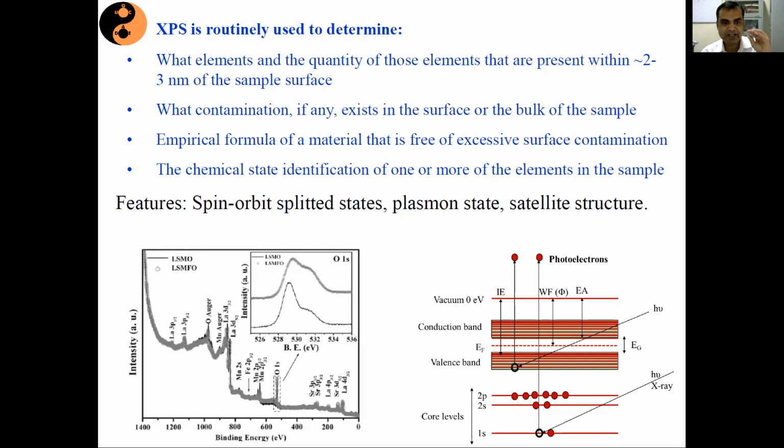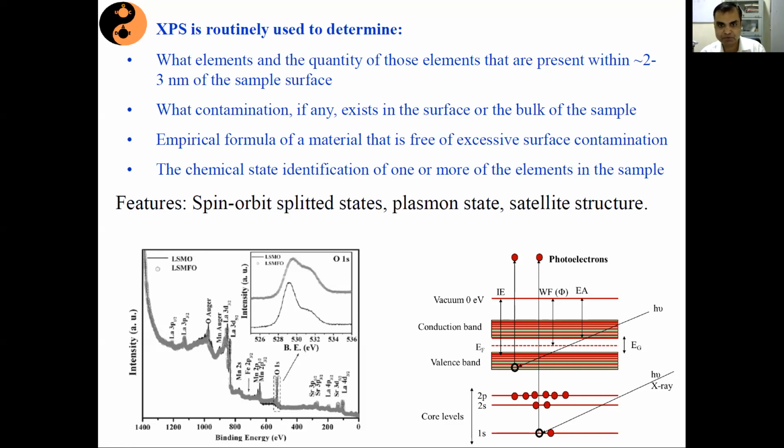Therefore, it is a highly surface sensitive technique. Since the electron is a charged particle, any distribution in the electric field gradient or the potential makes it start interacting, and therefore it has a huge chance of losing its original kinetic energy. Therefore, it is a highly surface sensitive technique.